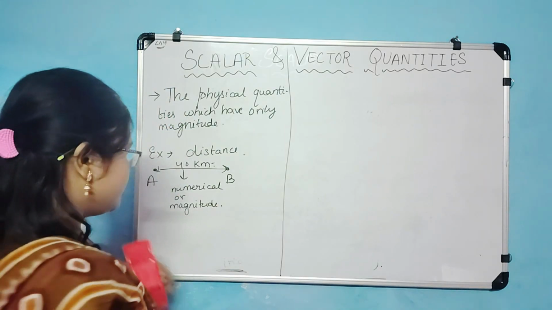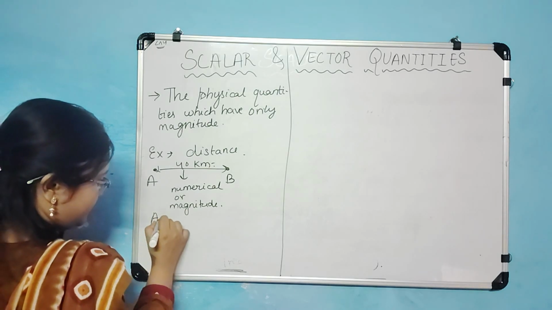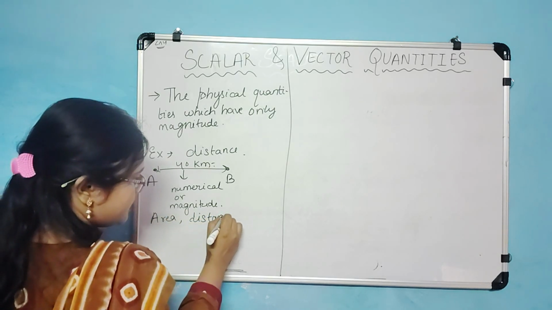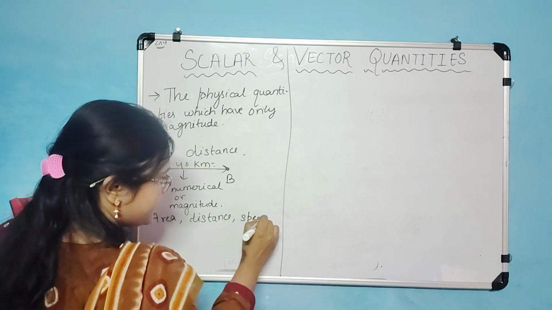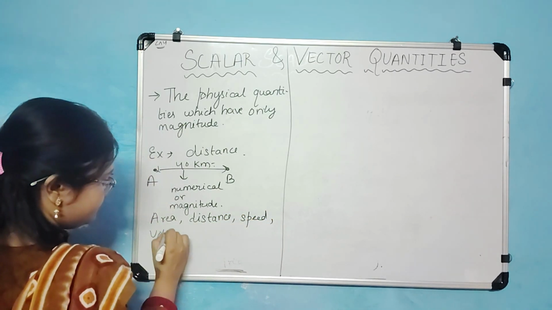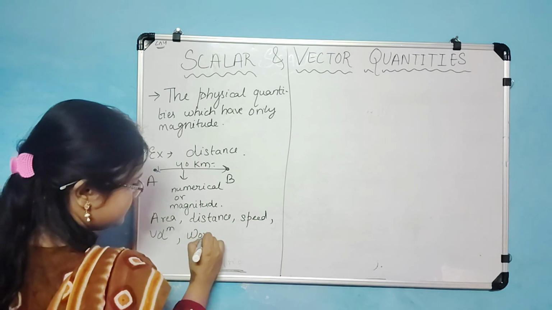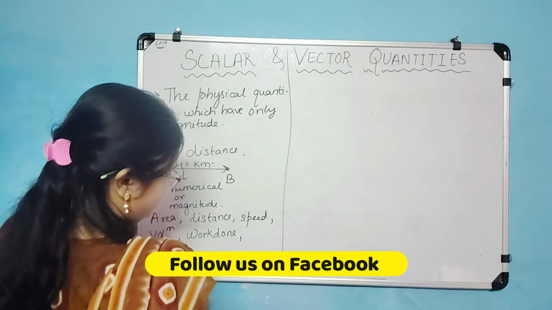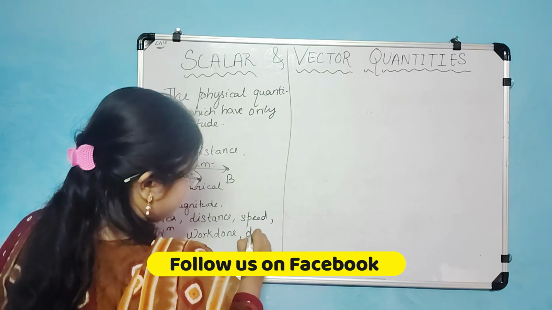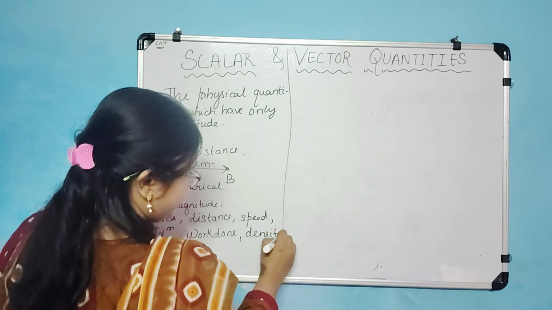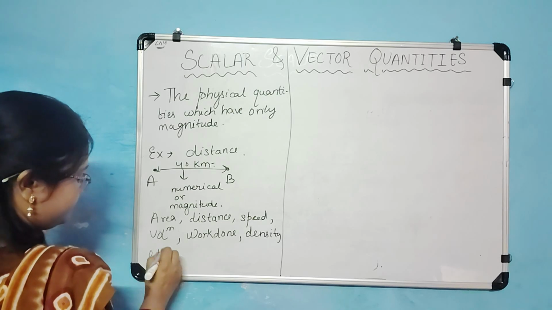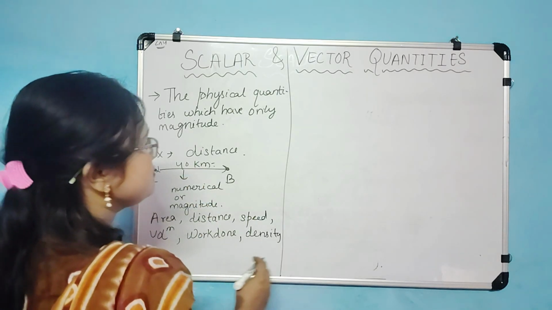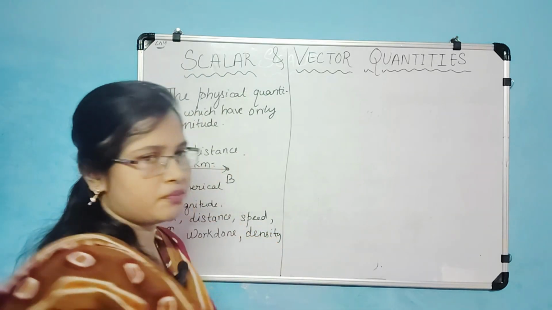So scalar quantities only depend upon magnitude. They only have magnitude. For example, area, distance, speed, volume, work done, density, etc. So these are scalar quantities.